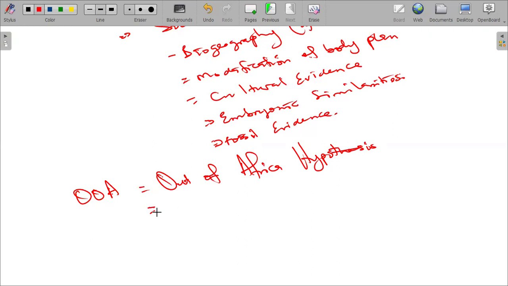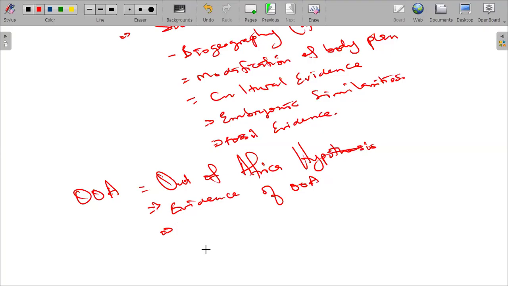This has to be understood, to say what explanation there is that supports the out of Africa hypothesis, the evidence of the out of Africa hypothesis, and then what happens if out of Africa is disputed, if we can say that the evidence explaining human evolution is found in Asia rather than Africa, therefore the out of Africa hypothesis is disqualified. This must be taken note of.